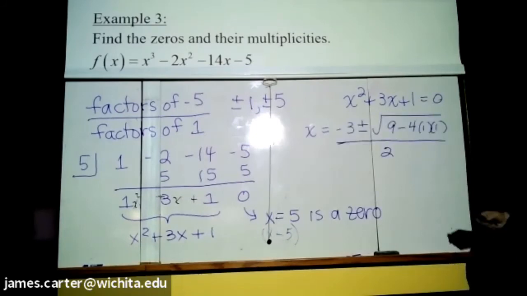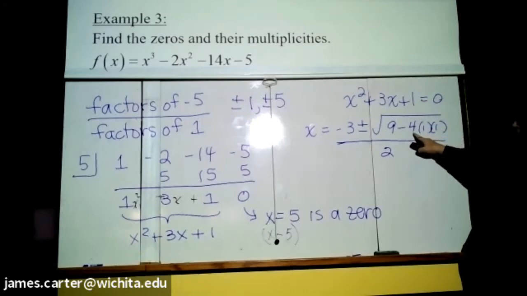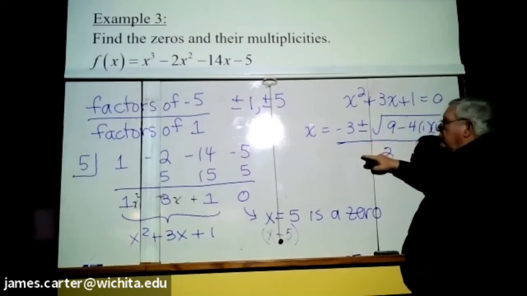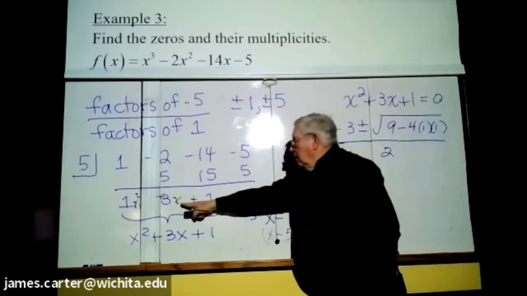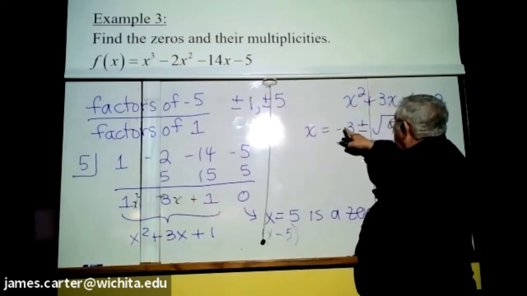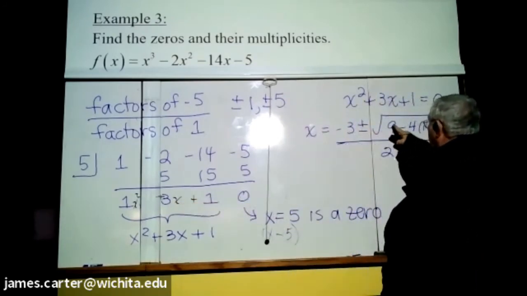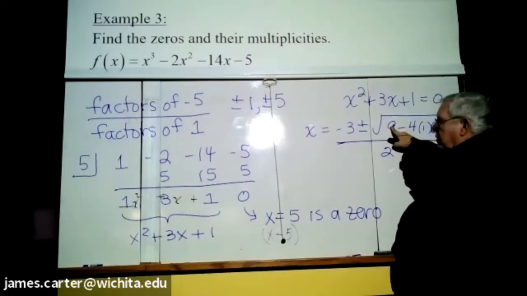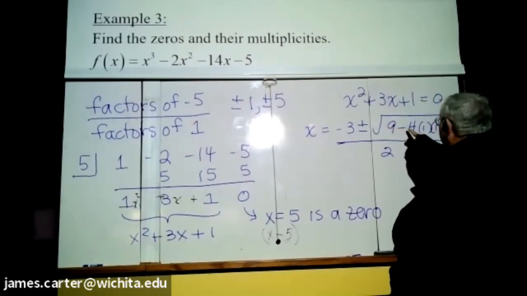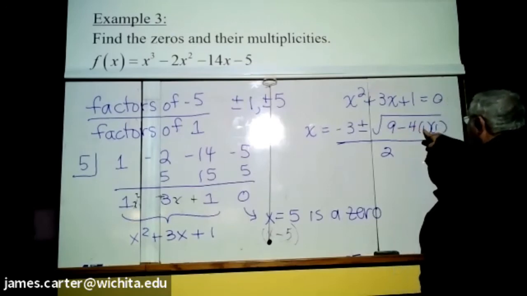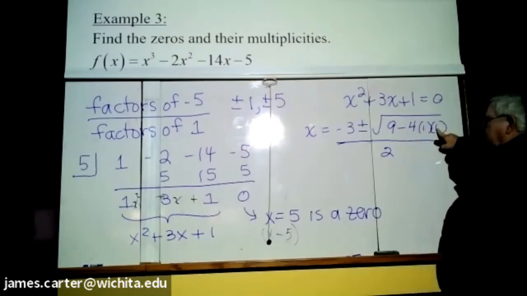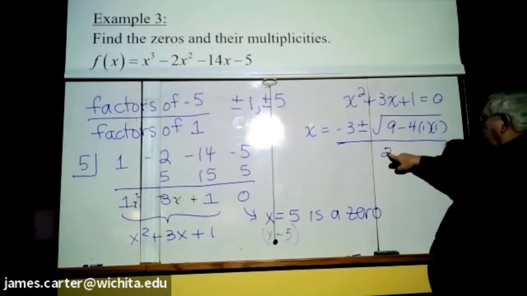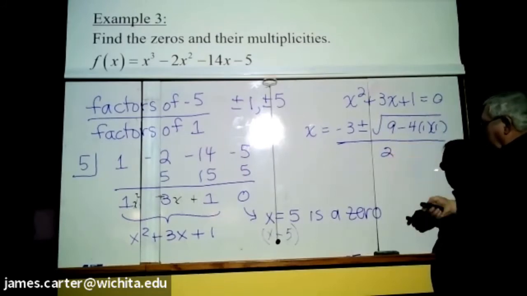Okay, so what you can see, they're putting it into the quadratic formula like I told you you would have to. So we take negative b plus or minus square root of b squared, or 3 squared, minus 4 times a, which is 1, times c, which is 1, all over 2 times a, which is 1.